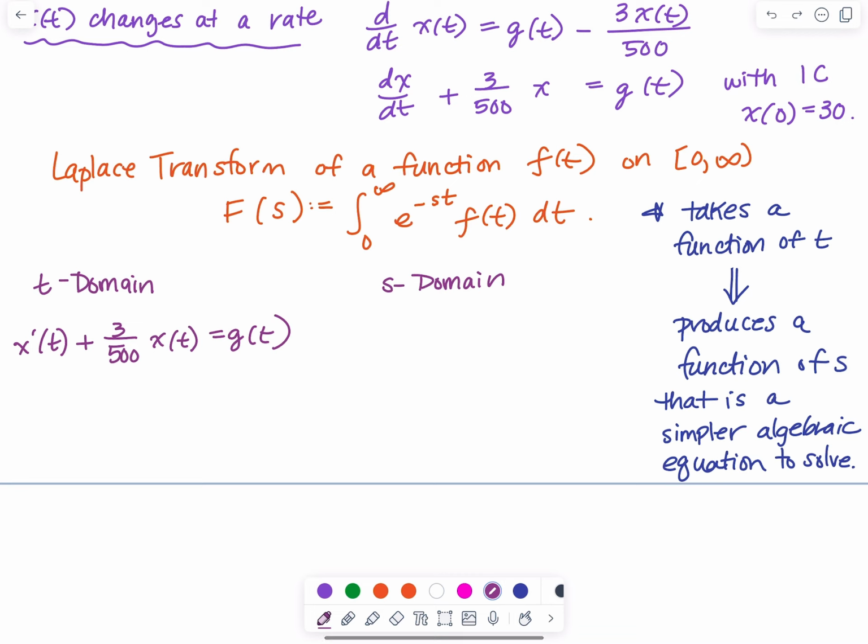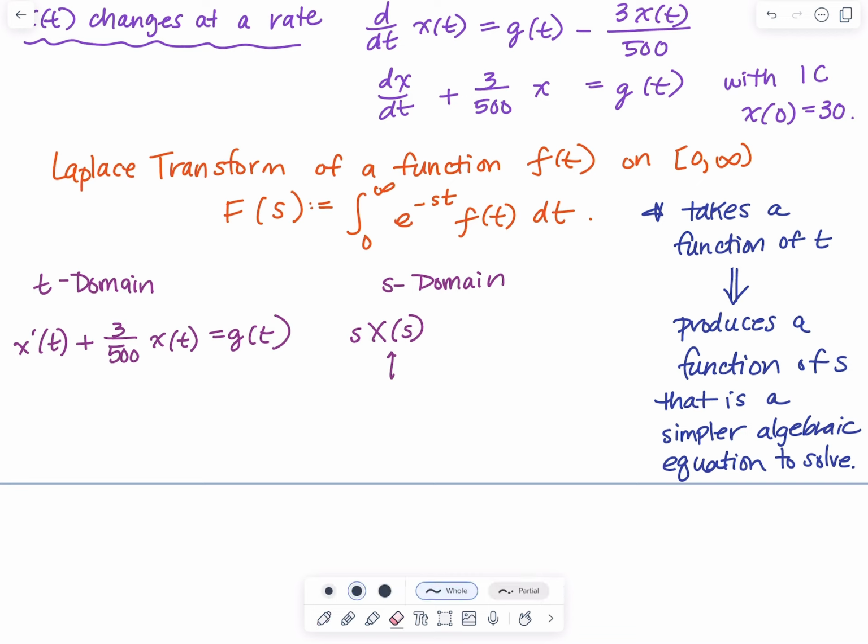For the S domain, we will have S multiplied by x of S, where x of S is the Laplace transform of x of t, and then the transform of x prime of t is simply S x of S minus x of 0.